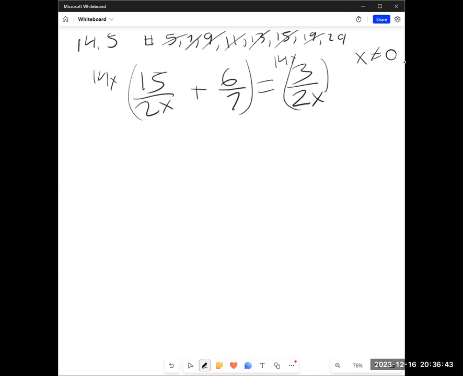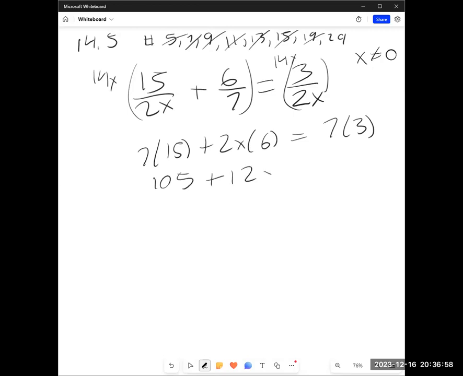This is going to be 7 times 15 plus 2x times 6 equals 7 times 3. 105 plus 12x is equal to 21.